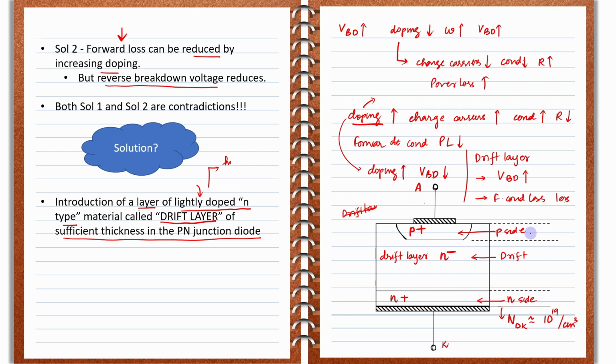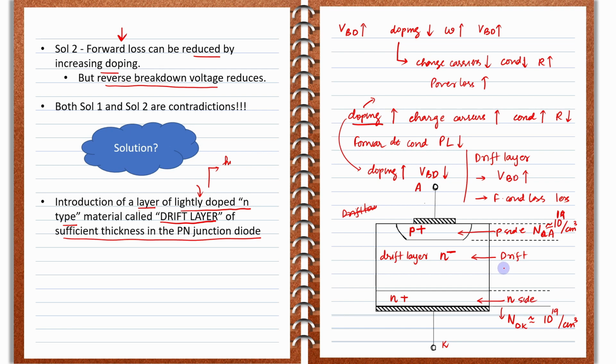And for the P side, because P side doping uses acceptor atoms, this is called NA, that is also roughly equal to 10 power 19 per centimeter cube.